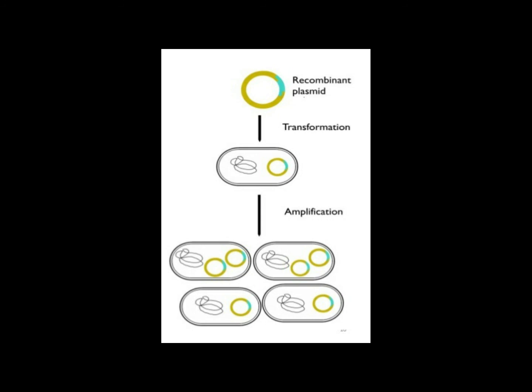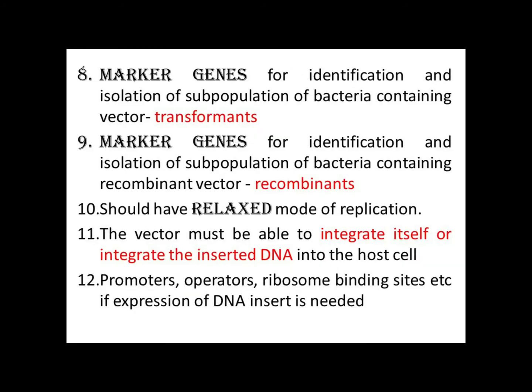That is, our aim is to make multiple copies of our gene. So for that, the vector should be able to replicate in a relaxed way. That means in a lenient way. It should be able to make many copies of itself inside the host cell, even if the host cell genome is maintained only in one copy.